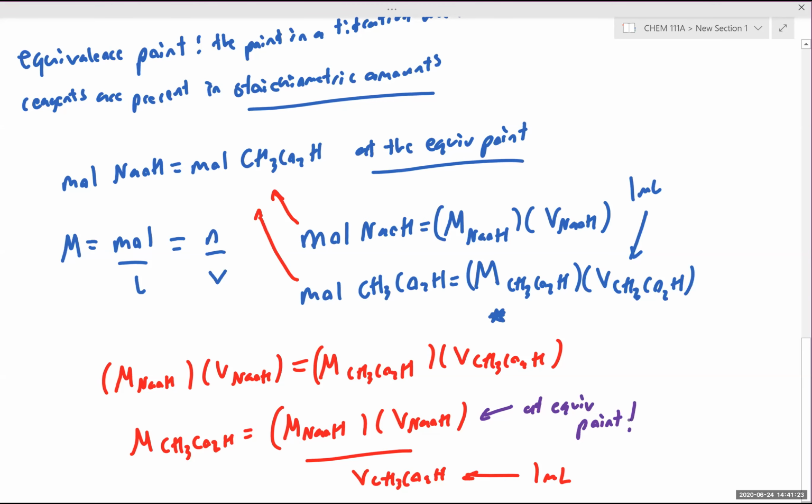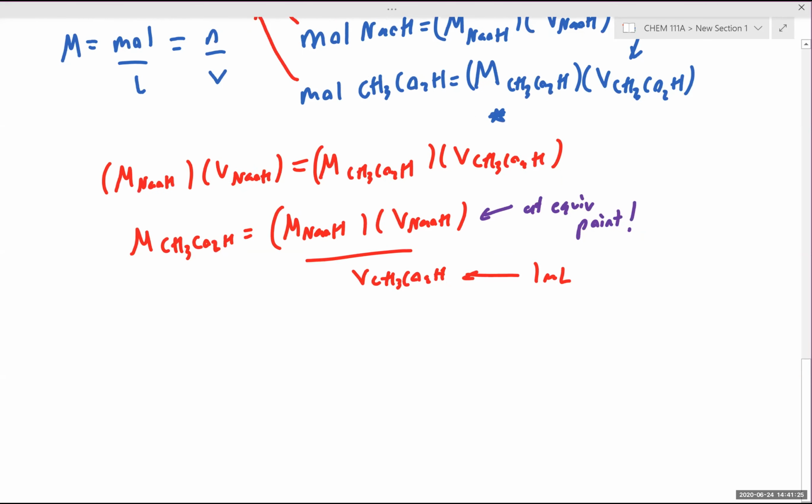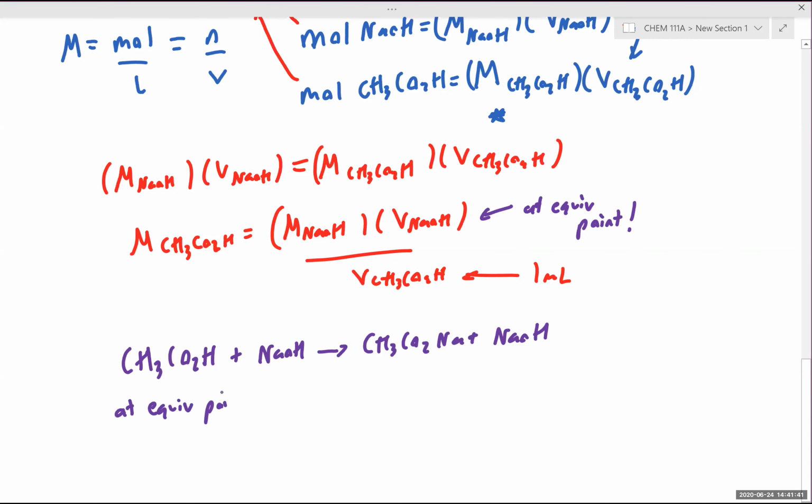Well, looking at our equation, we know that at the equivalence point, the pH is equal to the pH of a solution of sodium acetate.